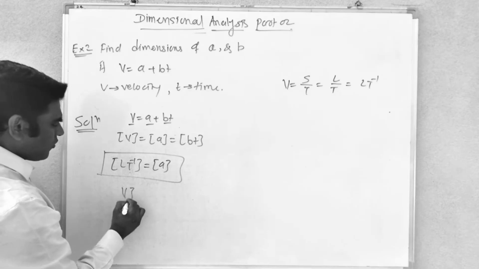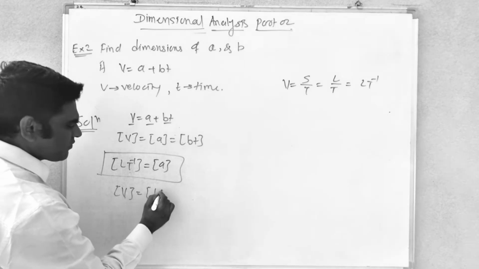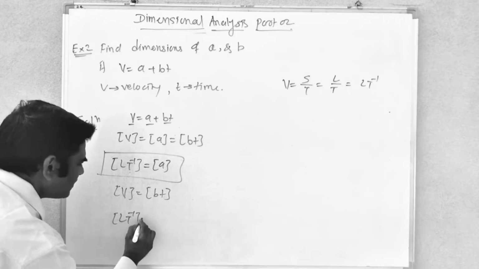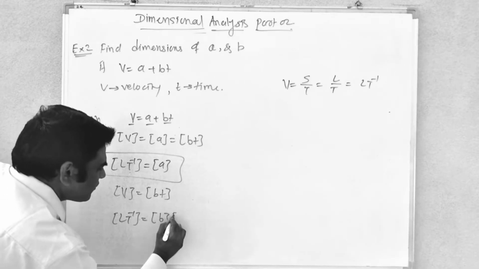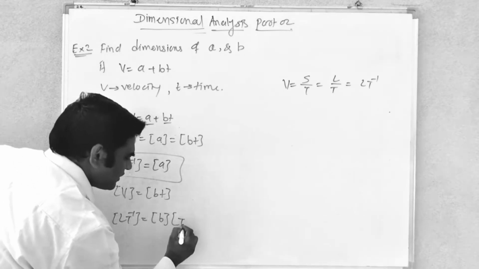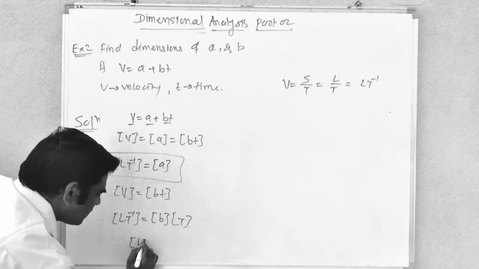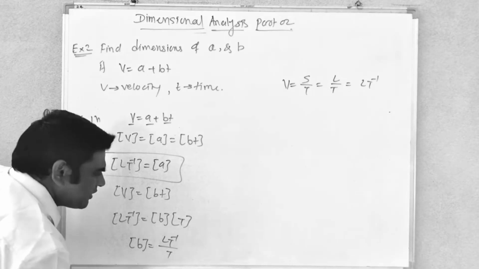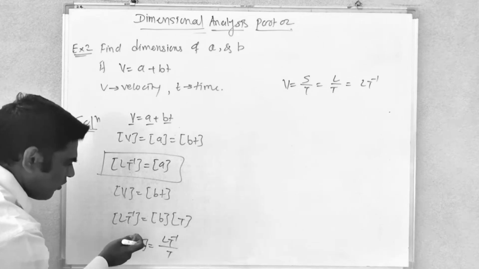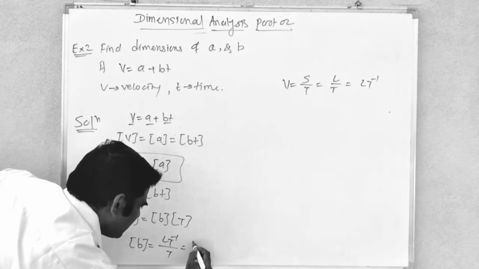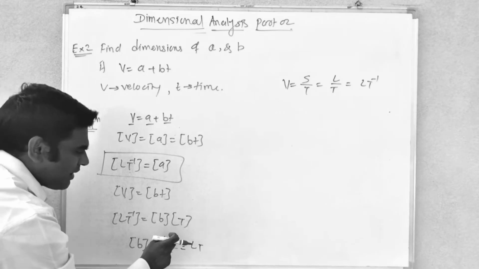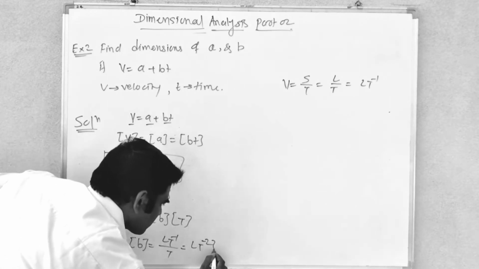Now V is equal to BT. Yes or no? So dimension L T to the power minus 1 is equal to dimension of B into dimension of T. T is time, means T. So dimension of B is equal to L T to the power minus 1 upon T. This T will go on this side, so this will be L T to the power minus 1, and in the numerator become minus 1, minus 1, minus 2.